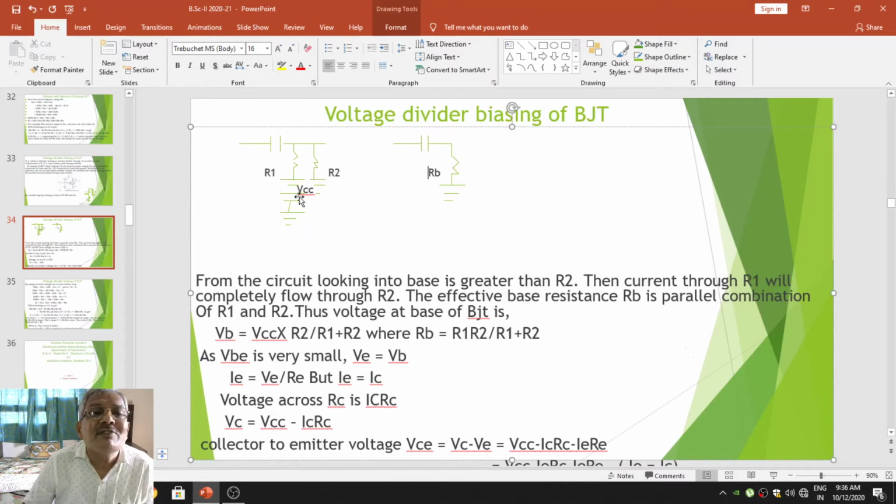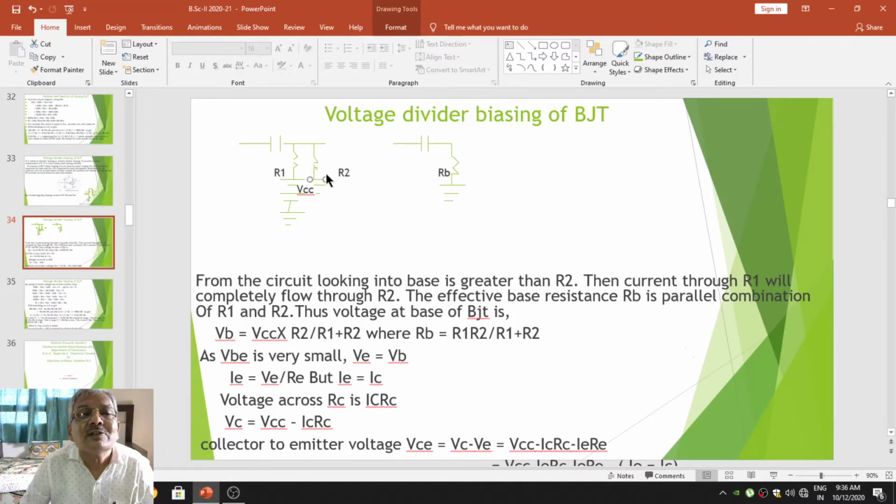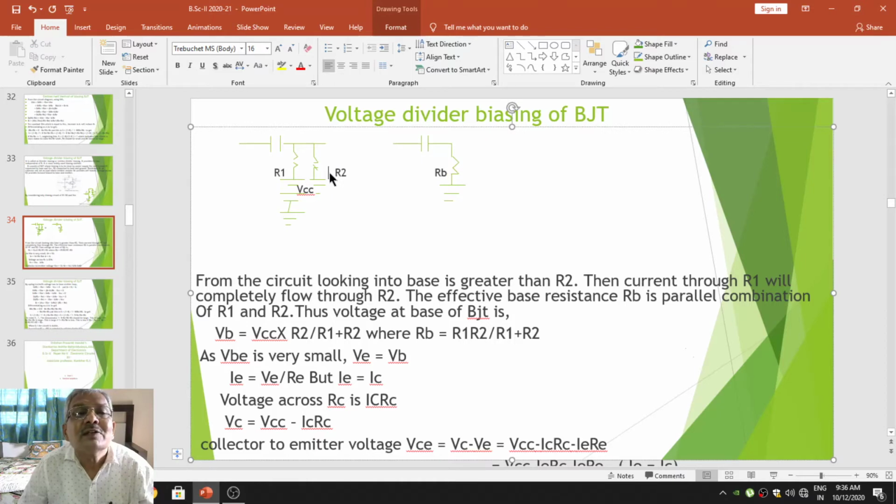So here is the supply VCC we have connected to the resistance R1. So this is what R1 means. So this is the resistance R1 to which we have connected VCC as in the previous figure.